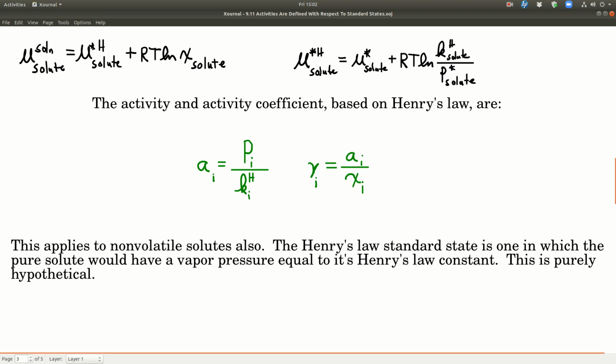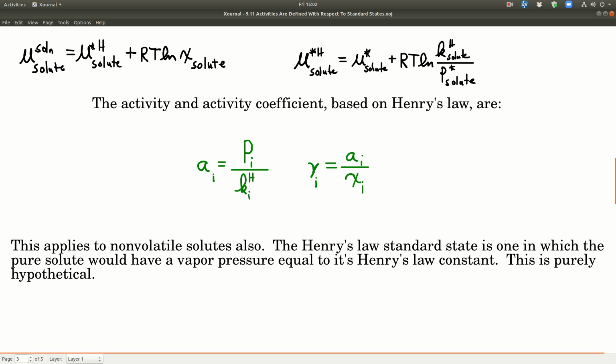Writing the activity and the activity coefficient based on Henry's law, the activity is the pressure of that component divided by Henry's law constant for that component, and the activity coefficient is just the activity with its new definition over the mole fraction of that substance. By the way, this also applies to non-volatile solutes, glycerin, sucrose, what have you.